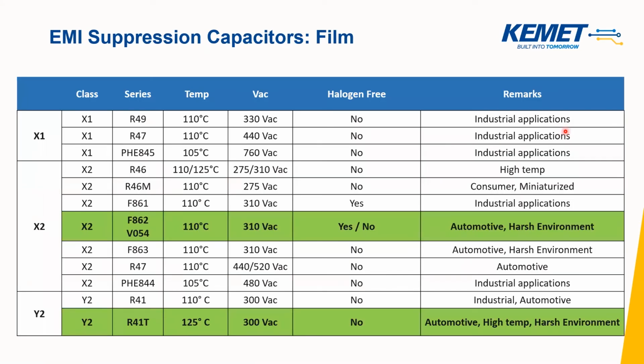Now, this is our film safety capacitor product catalog summary, if you can call it. Of course, we have even more polypropylene-based safety capacitors in our product portfolio, but these capacitors really are our focus products for now. And as you can see, our main direction of improvement with our film safety capacitors has been harsh environment and harsh temperatures.